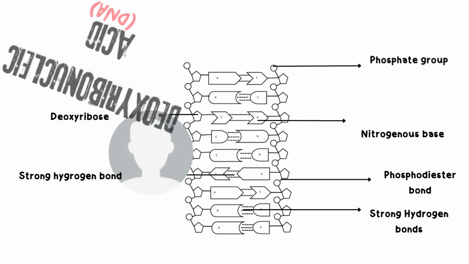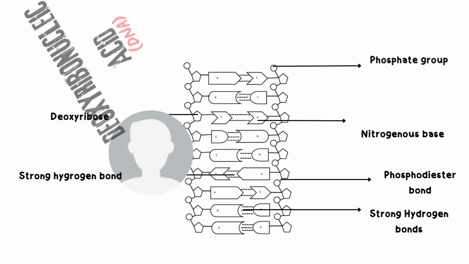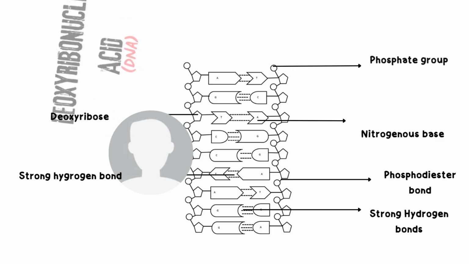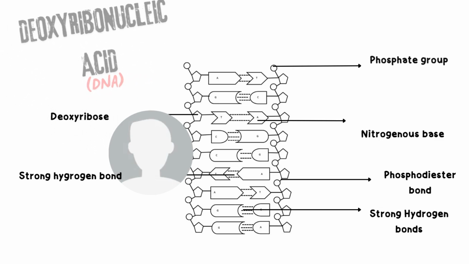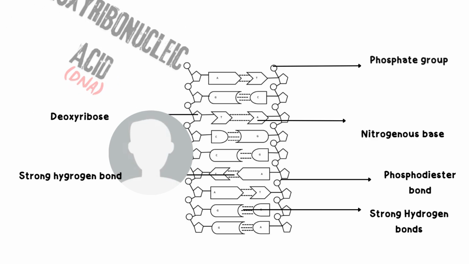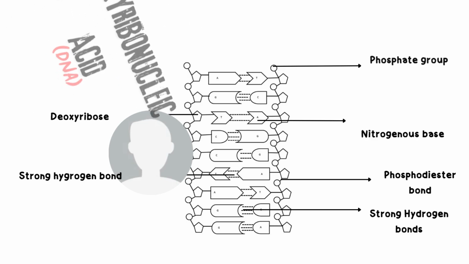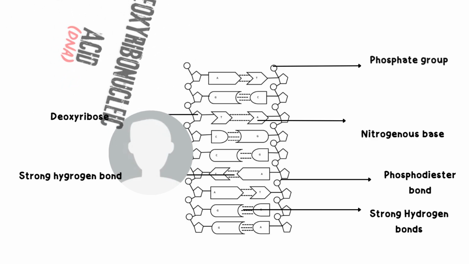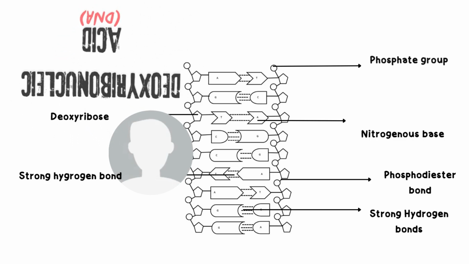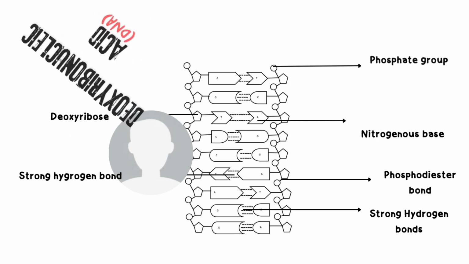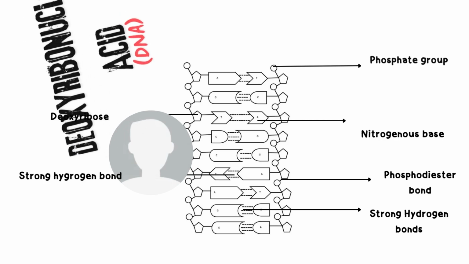Then we've got the bonds in between the nitrogenous bases. The bonds are different. Between the cytosine and the guanine, we've got three bonds. Between the adenine and the thymine, we've got two bonds. That means the bonds between the guanine and cytosine are stronger compared to the bonds between adenine and thymine.